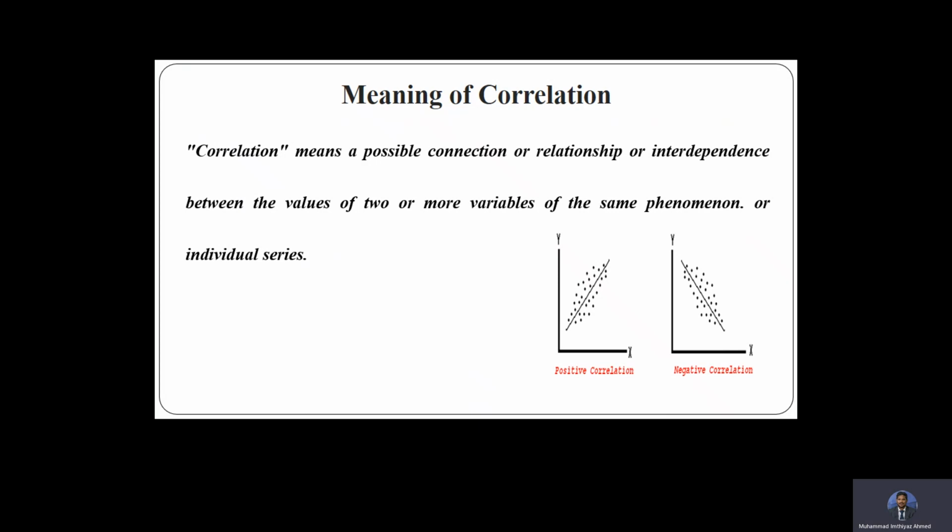That is the main study of correlation. Either I will take X and Y or three or four variables, my aim is to find whether it is positive or negative. That is the main aim of studying correlation. Is this meaning clear for everyone?